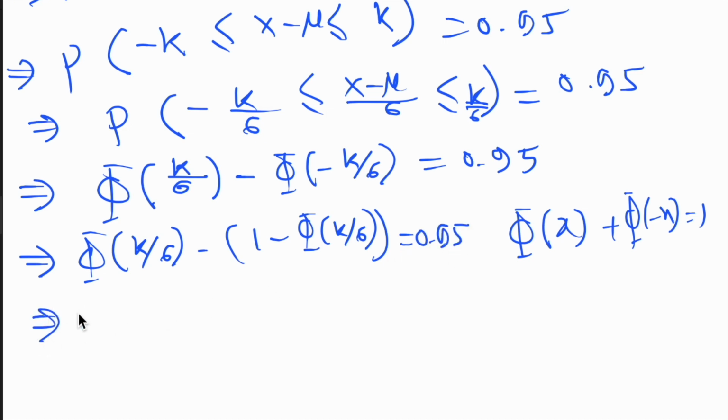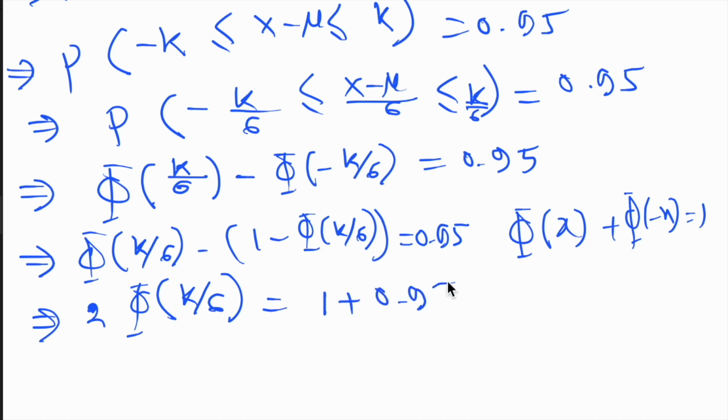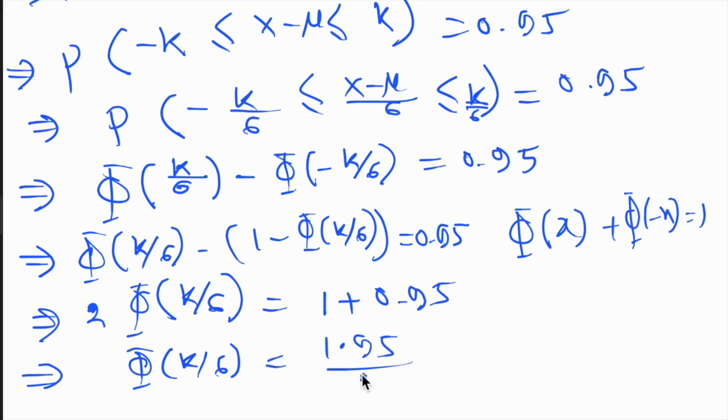So 2 phi of k by sigma is 1 plus 0.95, so phi of k by sigma is 1.95 by 2.